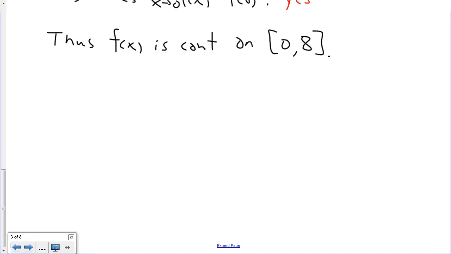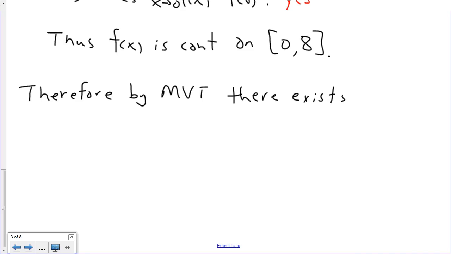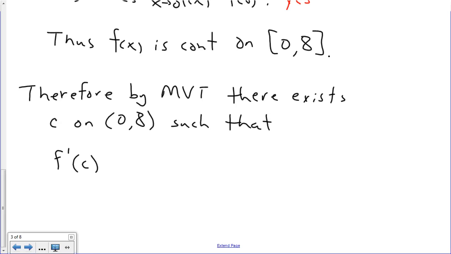So remember, the conclusion of the theorem says this: therefore, by the mean value theorem, there exists a point c on the open interval from a to b, but I'm going to write it as from 0 to 8, such that the following is true, that f prime at c is equal to f of b, that's f of 8, minus f of a, which is 0, all over b minus a, that's 8 minus 0.